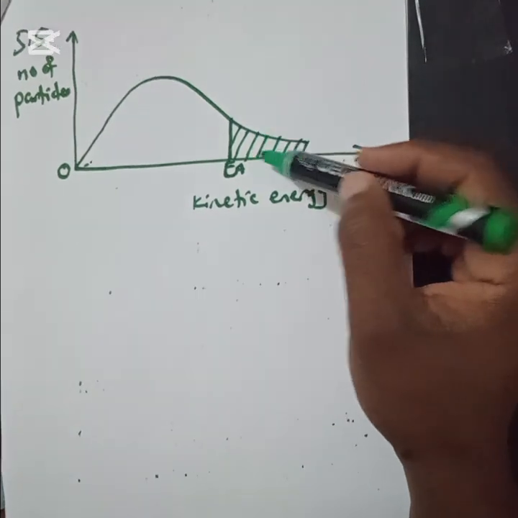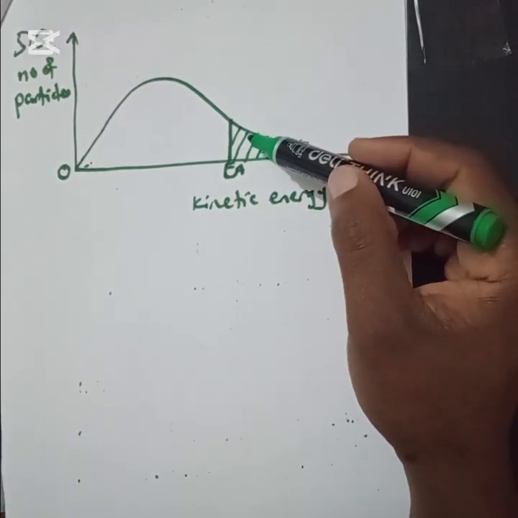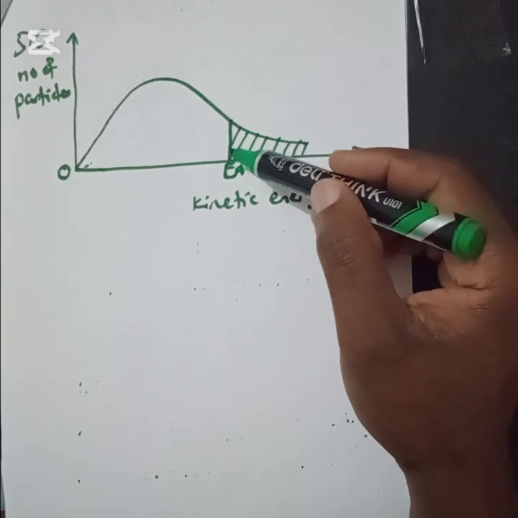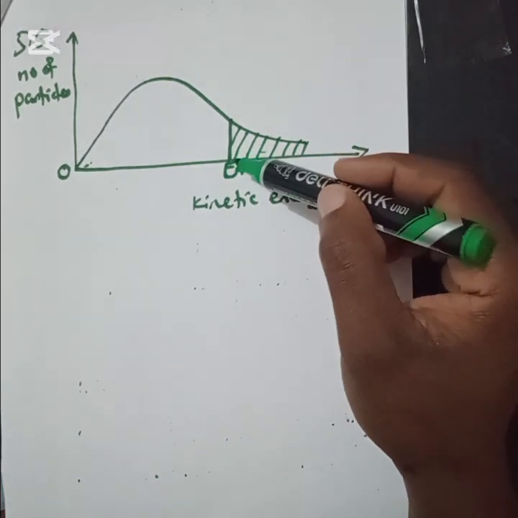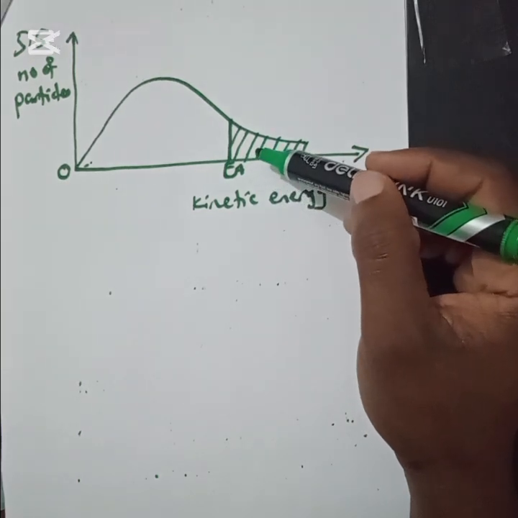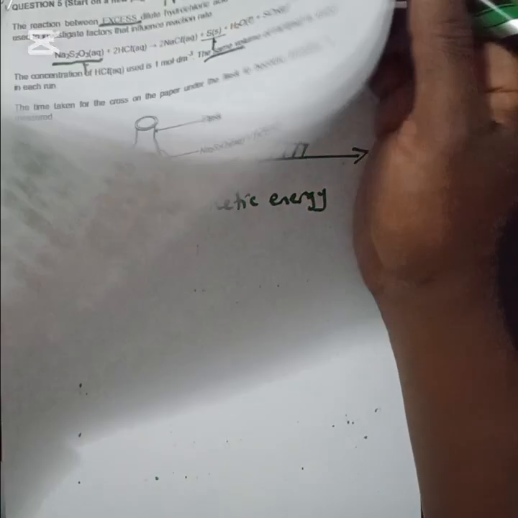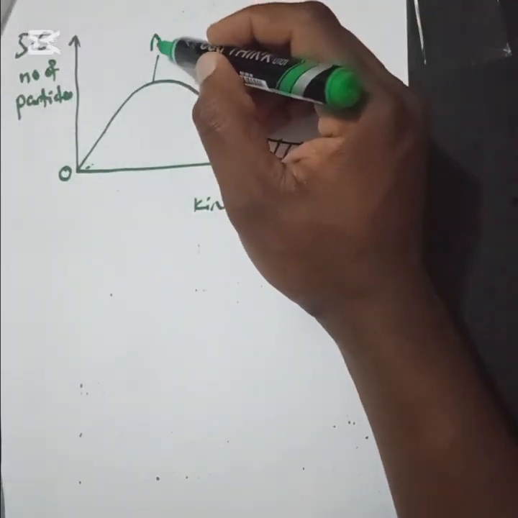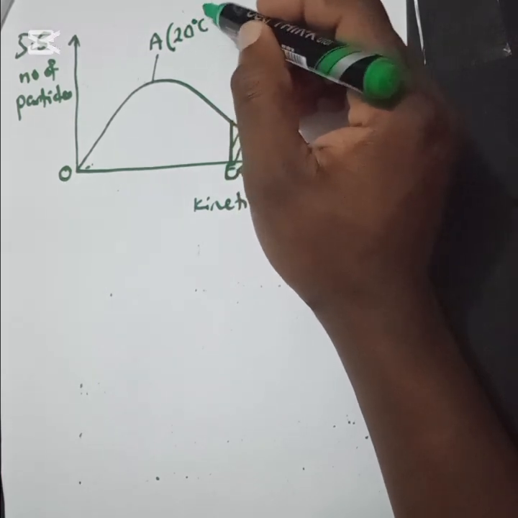All these particles can collide and react because they have kinetic energy equal to or greater than the activation energy. So this is our A, which represents a temperature of 20 degrees Celsius. Let me label it A in brackets, 20 degrees Celsius.